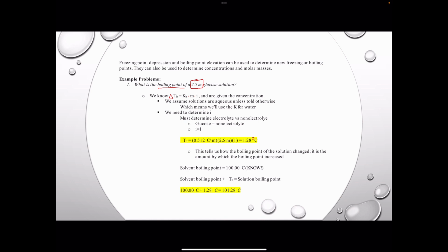Now, my solvent boiling point plus that temperature change is going to be equal to my solution boiling point. So my solvent started at 100 degrees Celsius. We just determined it's going to increase by 1.28 degrees Celsius, which will give us a new boiling point of 101.28 degrees Celsius.